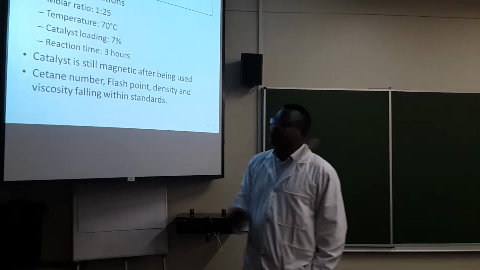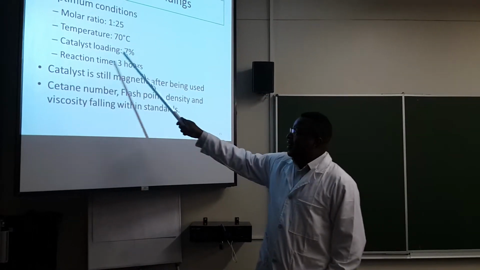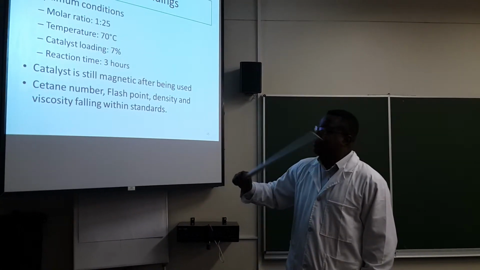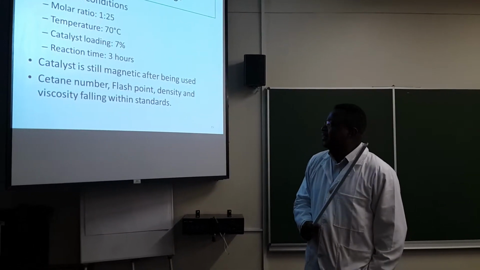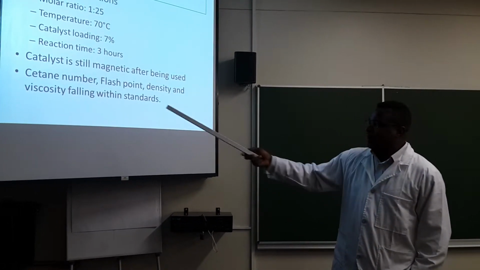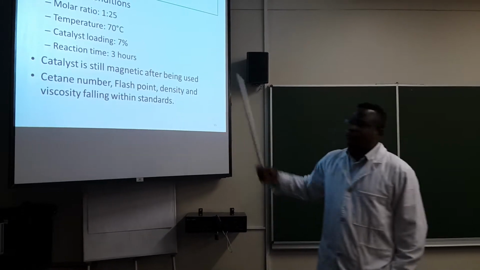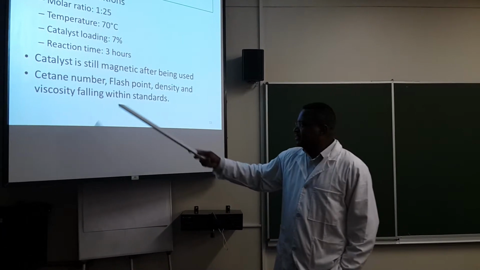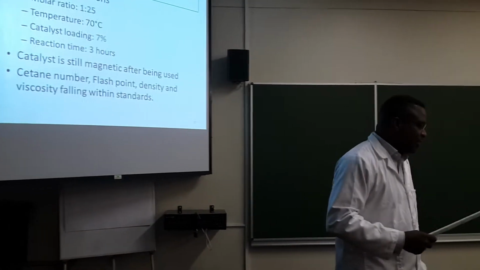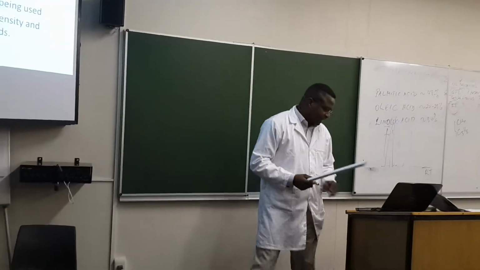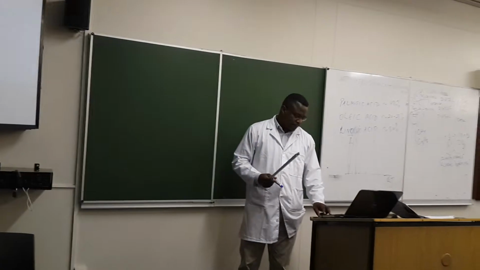The temperature is supposed to be 70 degrees. The catalyst loading 70%, and the reaction time is supposed to be 3 hours. And all the properties have been tested, and they were falling within the standards as set internationally.